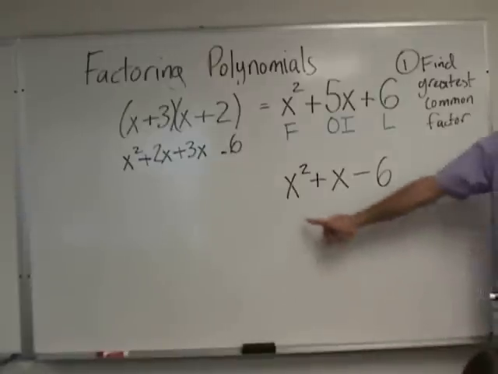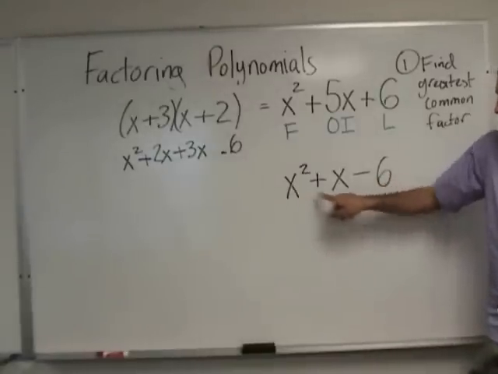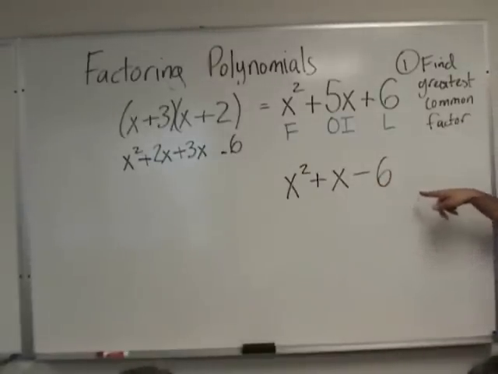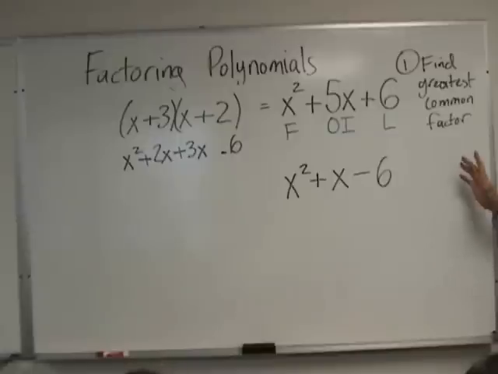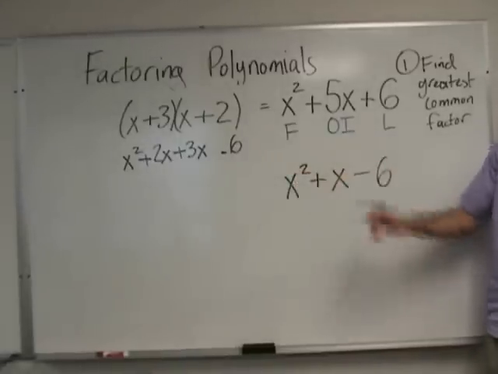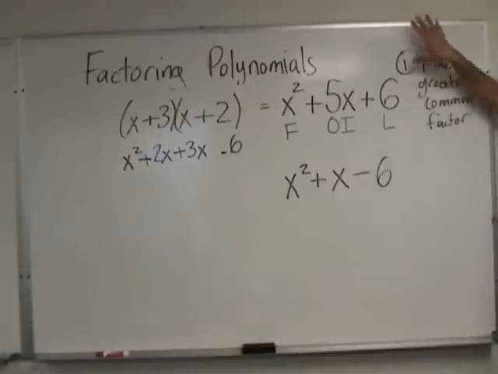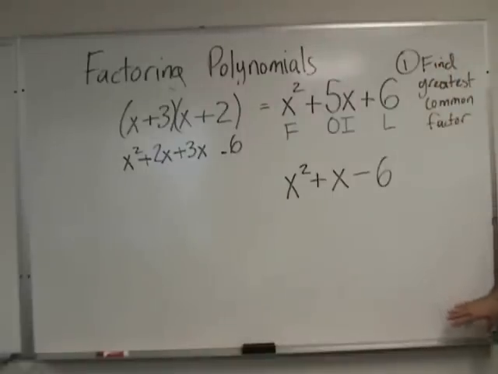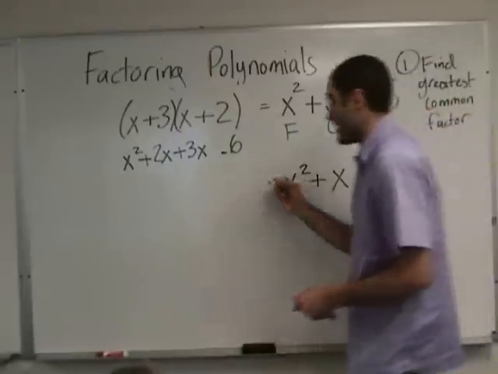Is there a factor that multiplies into x squared and x and negative 6? No, there is not. So we don't need to factor anything out of this first. I'll show you what I mean in a second. Just keep this, we're starting a list of steps here. Okay. Then we look at this and say, okay, let's start our answer.